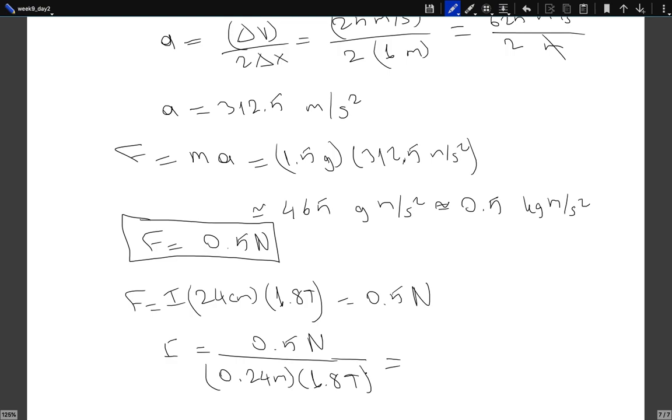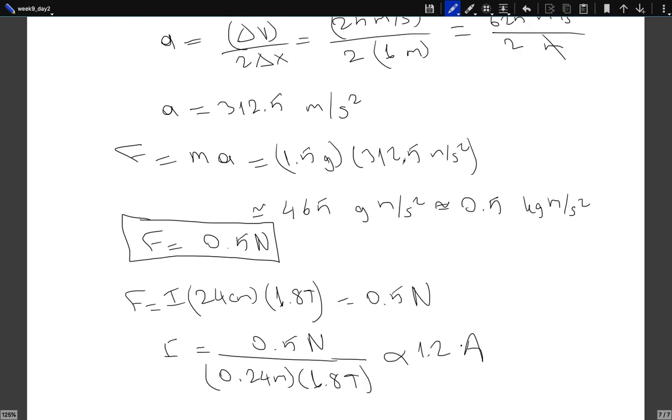Well, let's see, this gives us around 1 ampere. Something like 1.2 amperes. This is how much current you need to have.